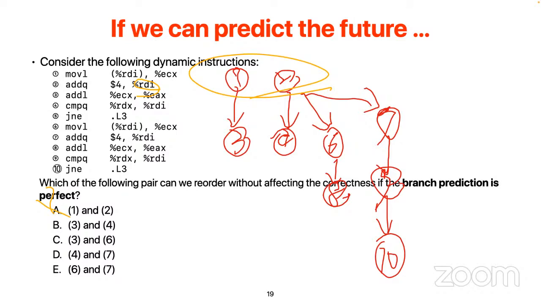Okay, how about 3 and 6? They are not depending on each other, but why can't we reorder them? What's going to be wrong?